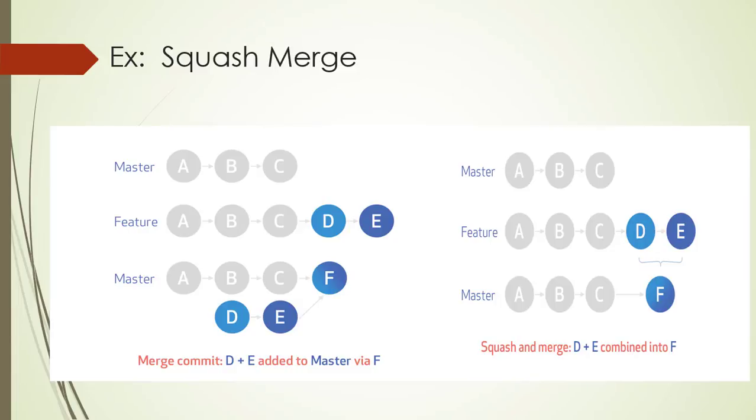Then I have made some more changes, D and E. So what will happen when I make the changes from the feature to the master branch?